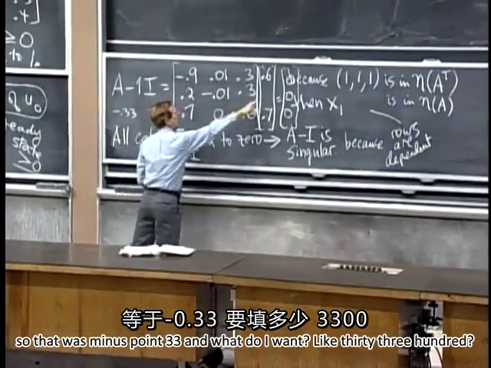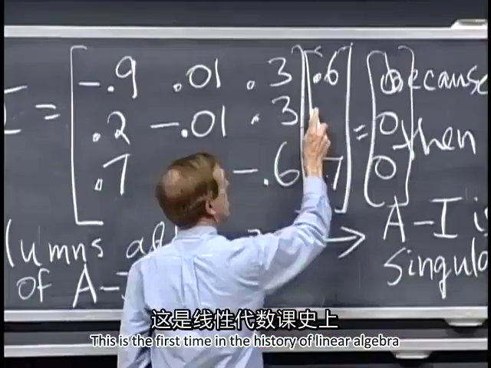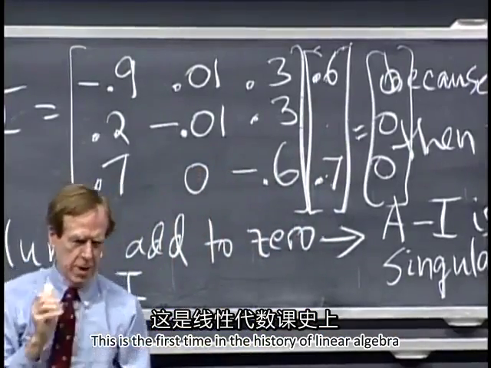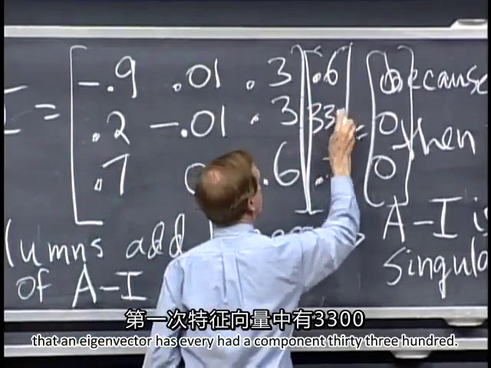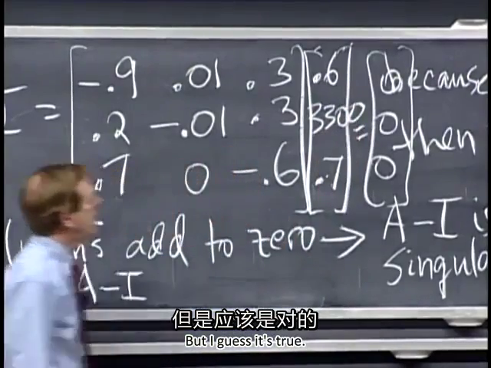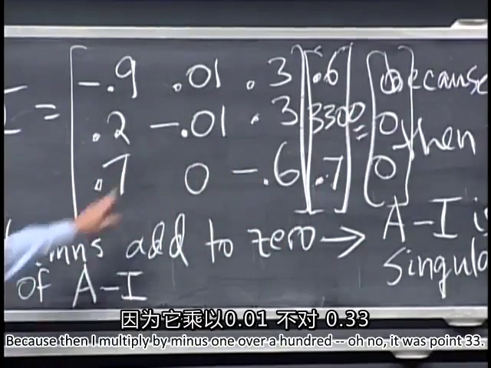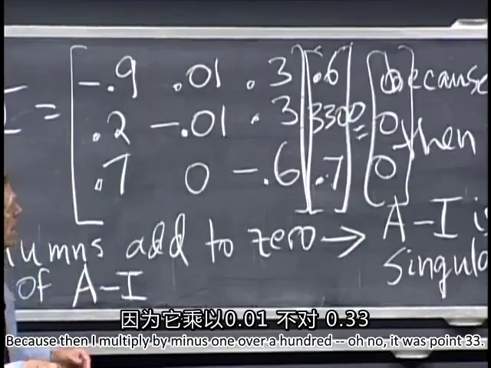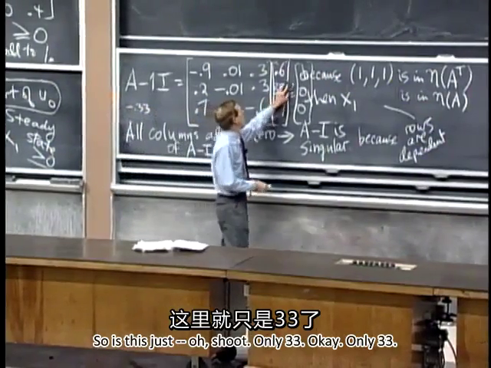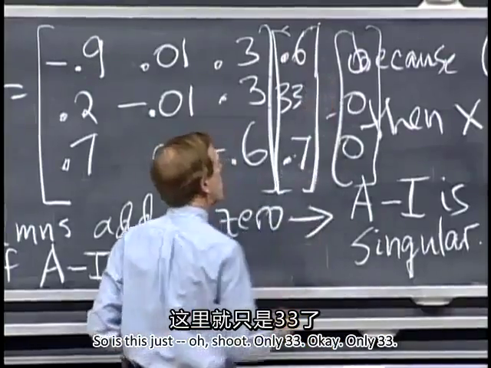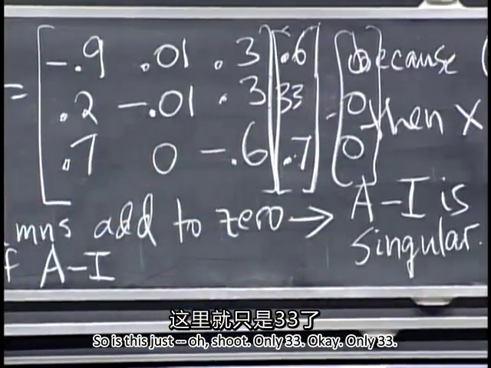And what do I want? Like 3,300? This is the first time in the history of linear algebra that an eigenvector has ever had a component 3,300. But I guess it's true, because then I multiply by minus 1 over 100. Oh, no, it was 0.33. Oh, shoot, only 33. OK, only 33.